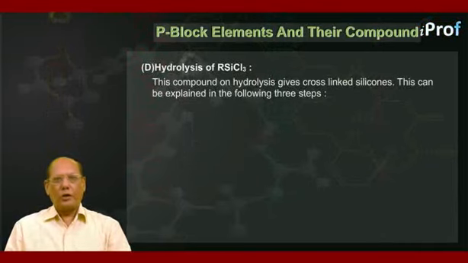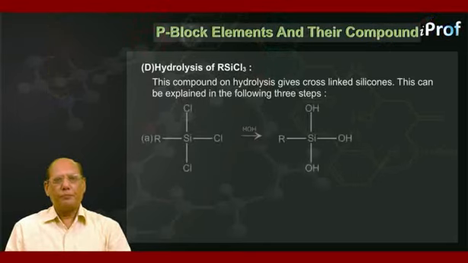D. Hydrolysis of RSiCl3. This compound on hydrolysis gives cross-linked silicones. This can be explained in the following three steps.